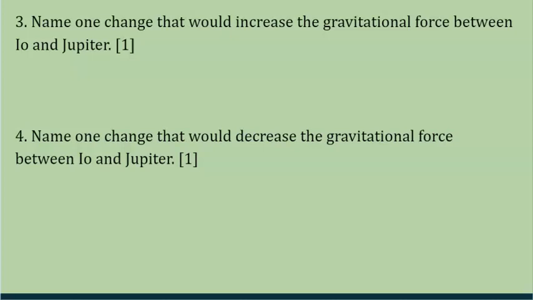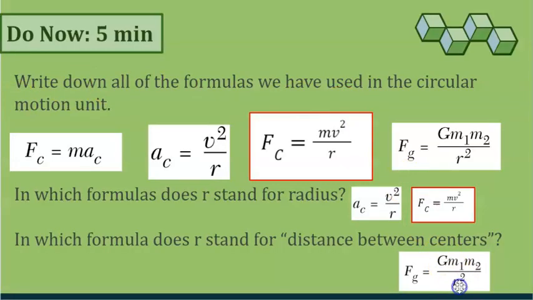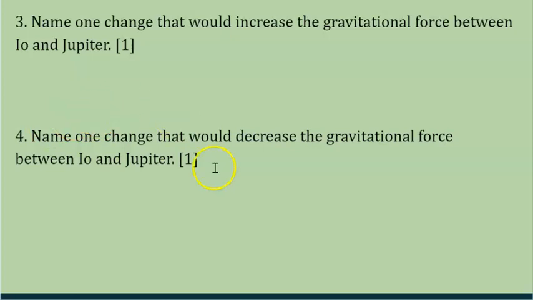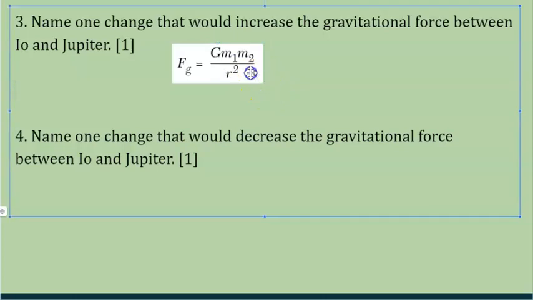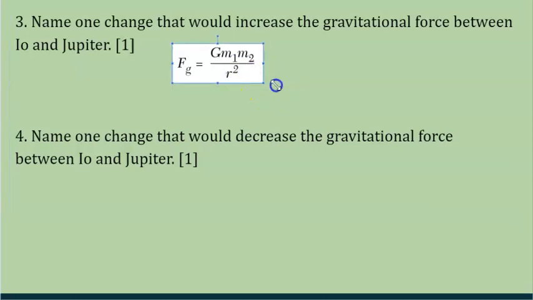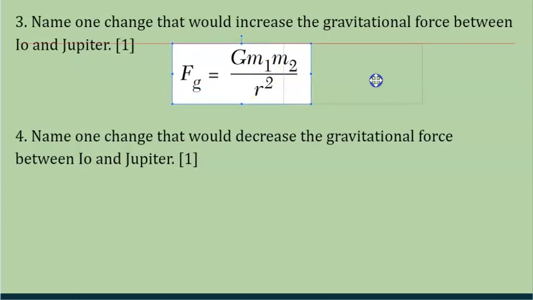Question 3 says, name one change that would increase the gravitational force between Io and Jupiter. Let's just look at the formula to reference it. So we've got Fg equals G m1 m2 over r squared. If we want to increase the gravitational force, there are technically two ways to do that.